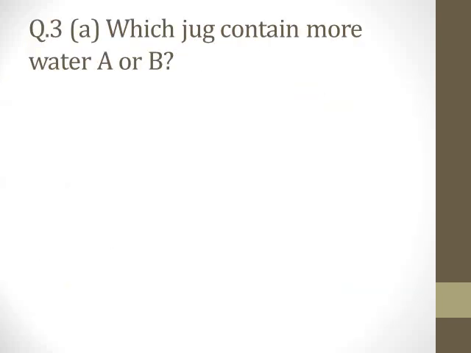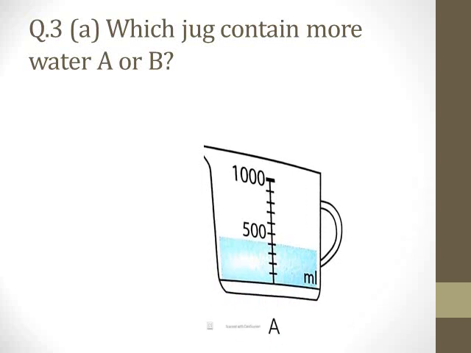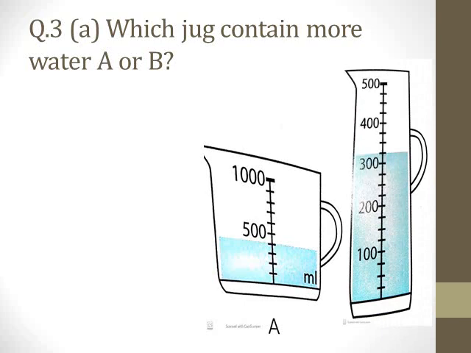Question number 3a is asking which jug contains more water, A or B. There are two jugs. The first one is A and the second one is B. You can see both jugs have some quantity of water in them, and both have different readings. You have to find out which jug has more water.